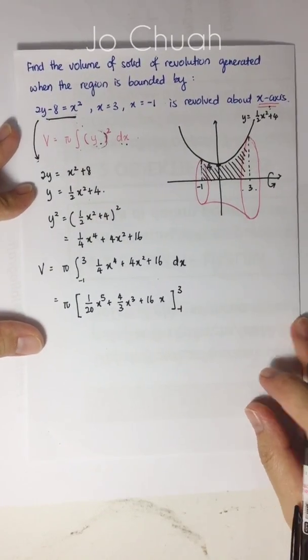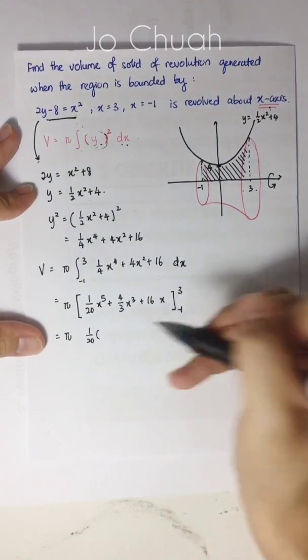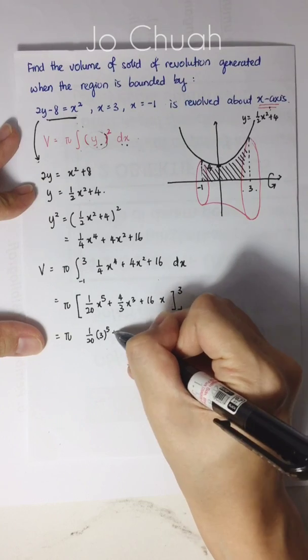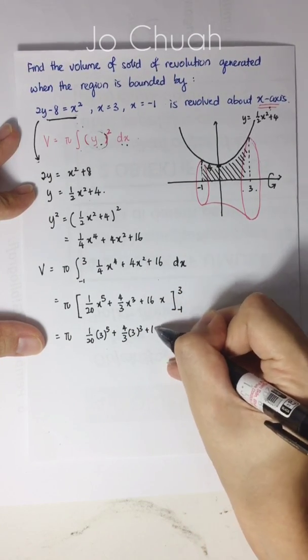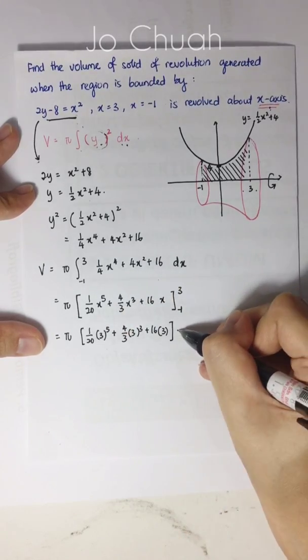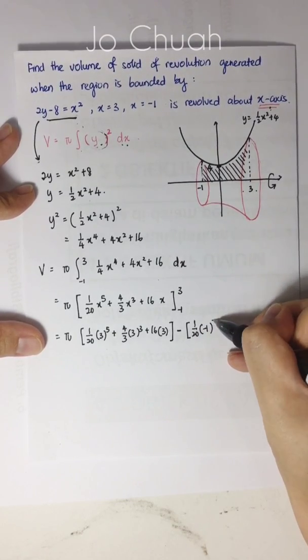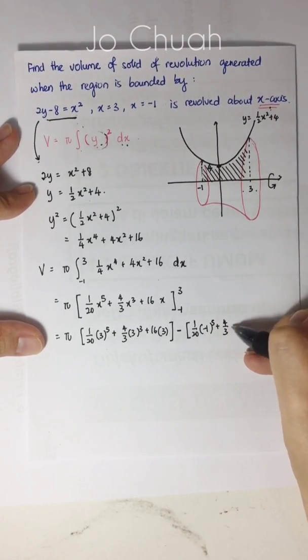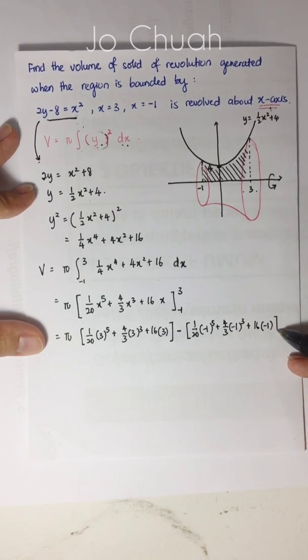So you have to show the substitution. π, so (1/20)(3⁵) + (4/3)(3³) + 16(3), bracket for this, minus (1/20)(-1)⁵ + (4/3)(-1)³ + 16(-1), close bracket.